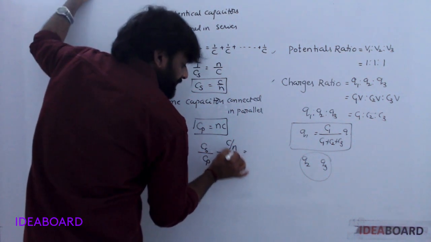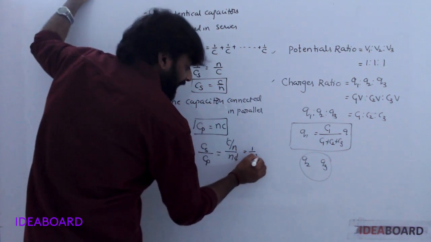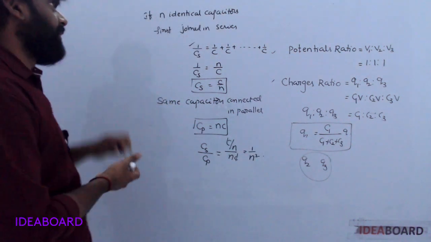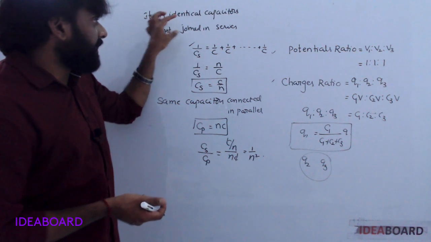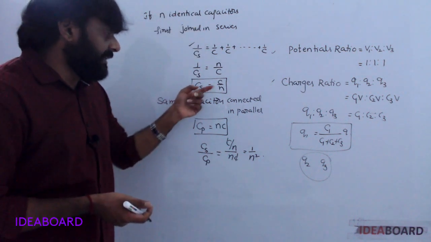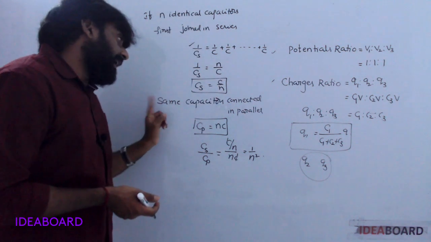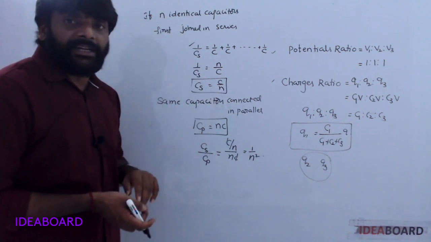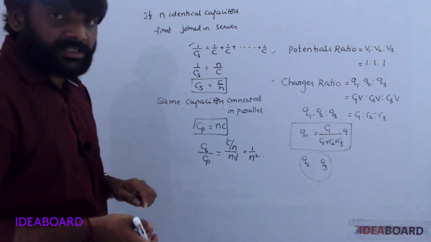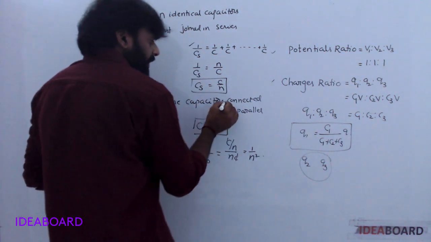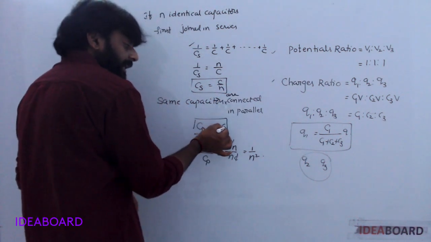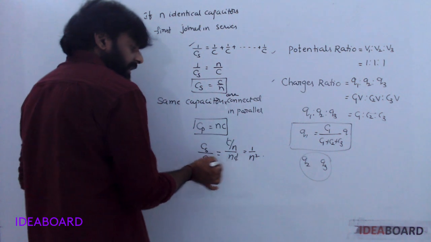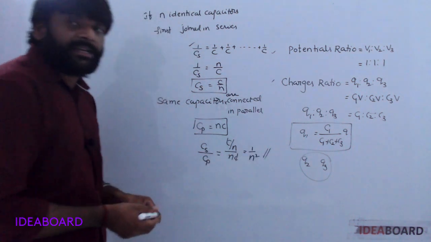C cancels, giving 1 by n square. So if n identical capacitors are first joined in series, C series is C by n; the same capacitors connected in parallel give C parallel equal to n into C; and C series by C parallel equals 1 by n square.